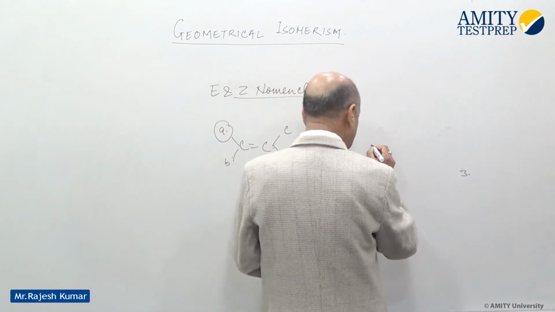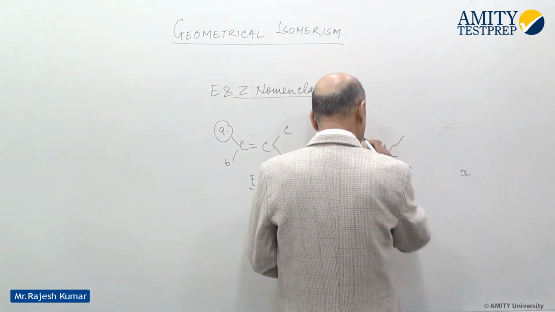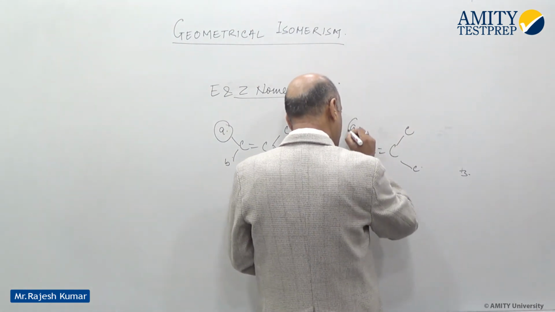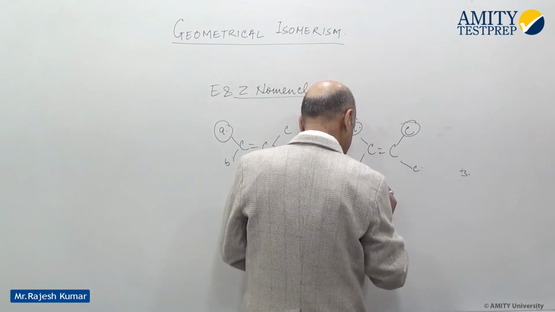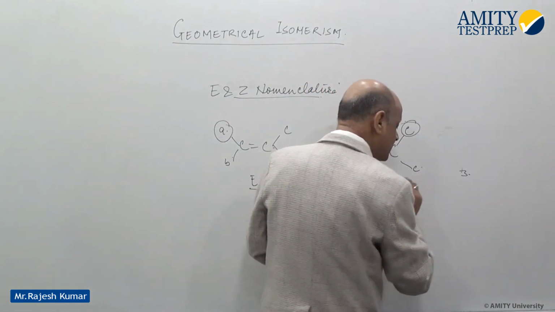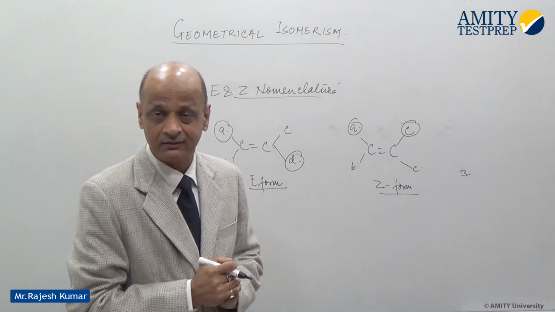If both preferential groups are present on the same side, this is called Z form. Z stands for zusammen. Zusammen means same side.